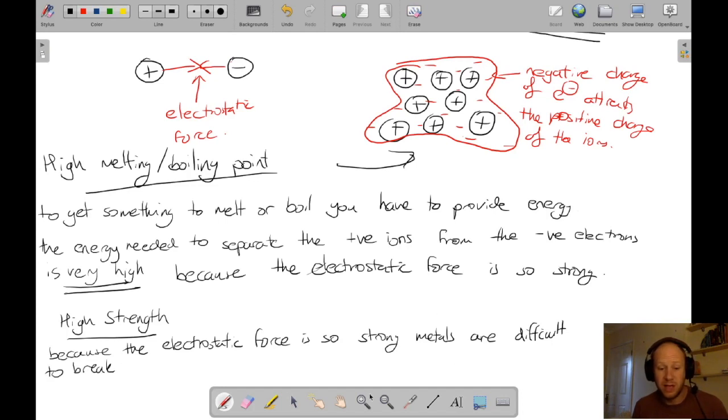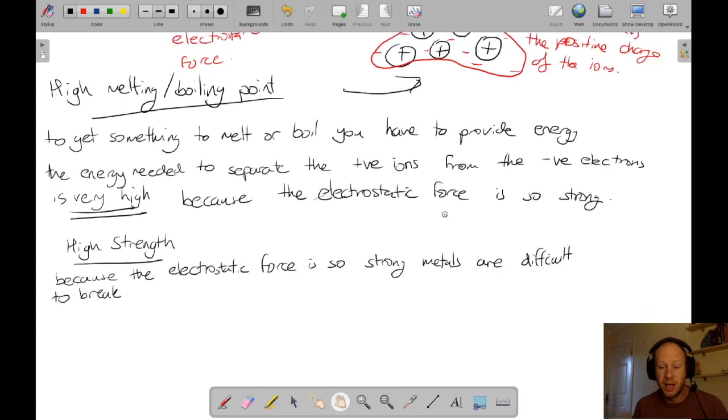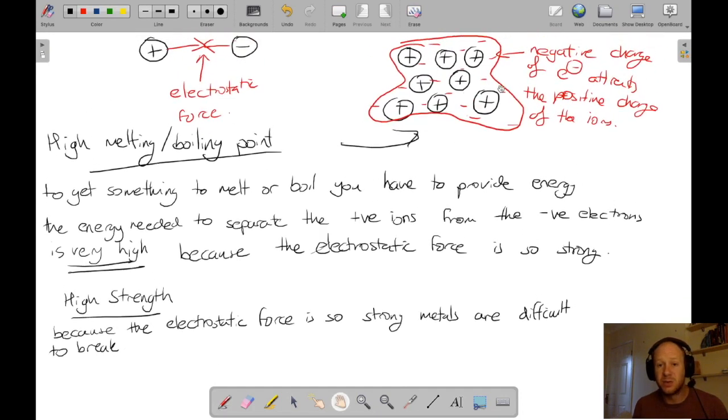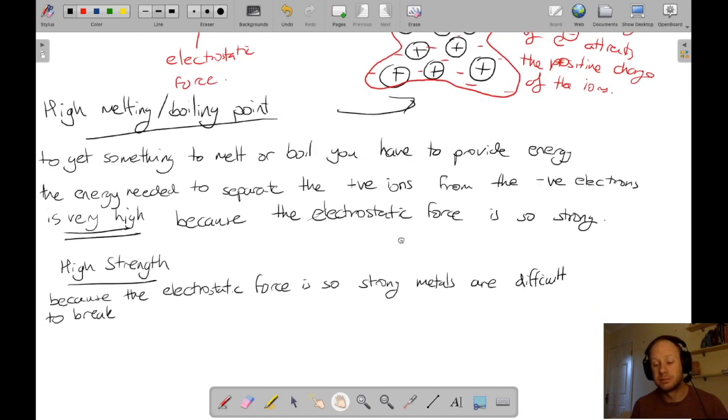So therefore they have a really high strength. Again, all because this electrostatic force, the force between the negative electrons and the positive ions, is so strong that it's really difficult for those electrostatic forces to break. And so therefore it's got a really high strength.